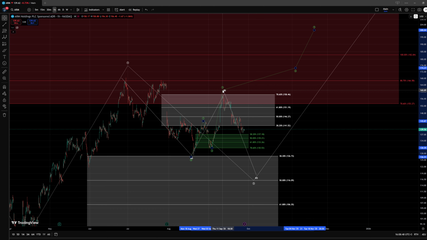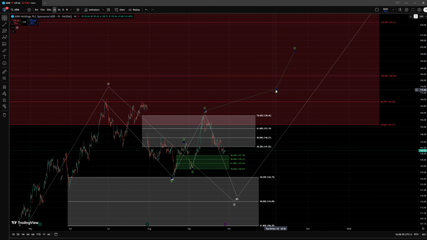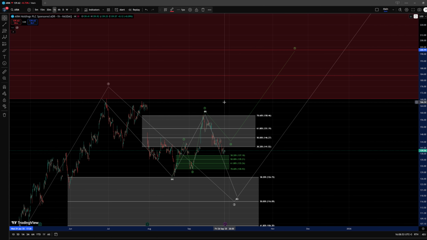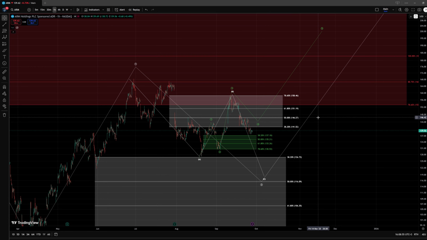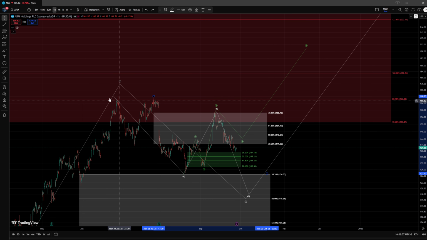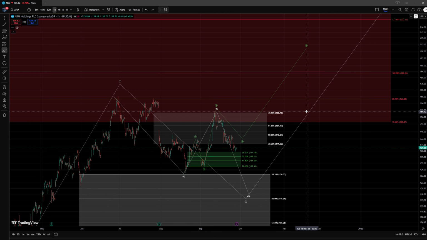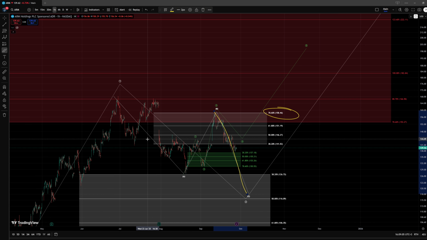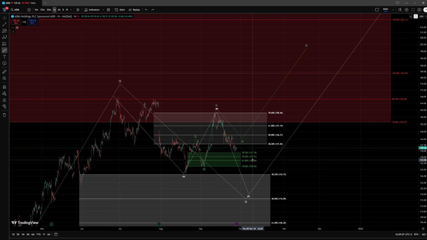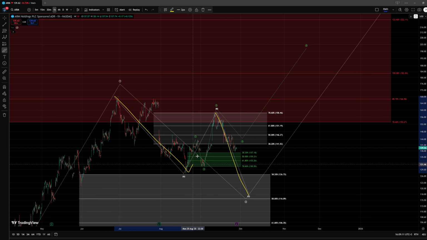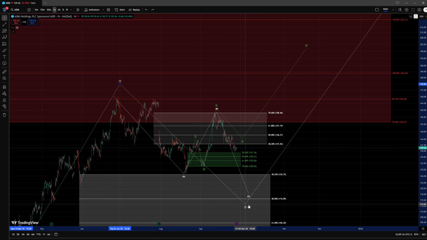We did push significantly higher within this wave 3, but at the moment it is still very much within this white resistance area that I also provided you, and we reached perfectly the 78.6% retracement, and then boom, rejected. We could very well be within the C wave to the downside in the white interpretation, where this could be an ABC structure, so a larger development of this wave 2.